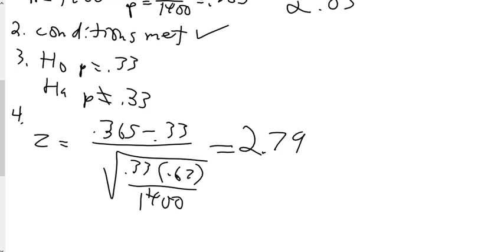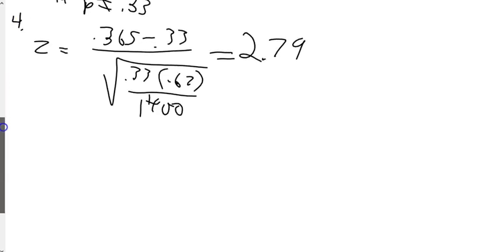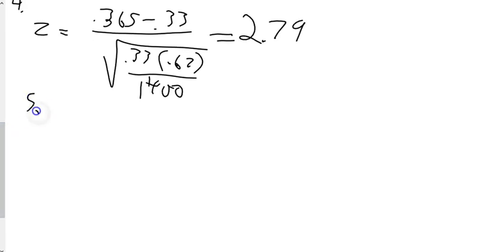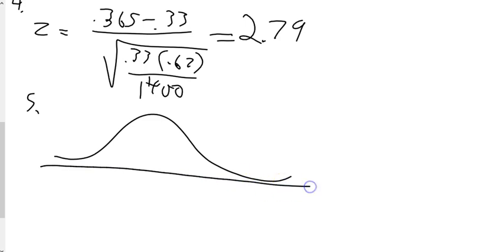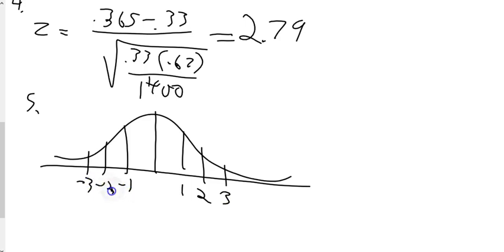Now here's the only new thing we're going to have. On number 5, we draw our beautiful little normal curve, but this time we're actually going to put in 1, 2, 3, and negative 1, 2, 3. Come on now, where are we going? Because we said this is two-tailed. So where's 2.79 go? Right there, 2.79. Shade it, boom.